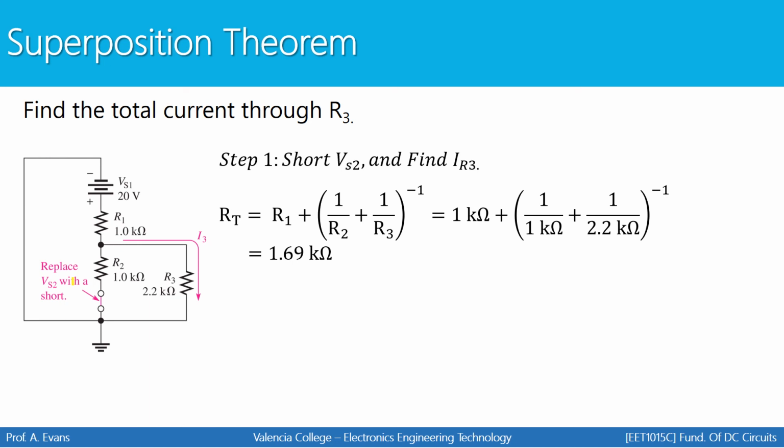Look closely at what you have. We have R1, which is in series with this combination right here. These two things are in parallel. I'm going to combine them together with this piece right here, and that combination is then in series with R1. So my total resistance, once I plug in all my resistor values, comes out to be 1.69 kilo ohms.